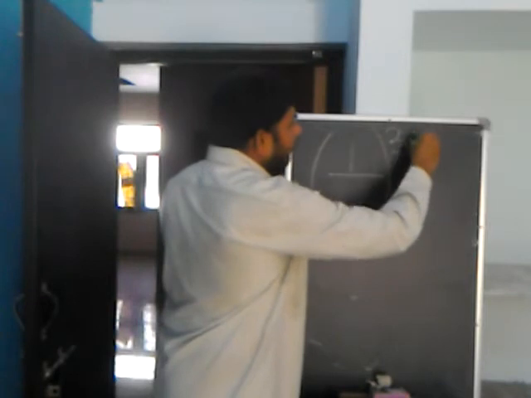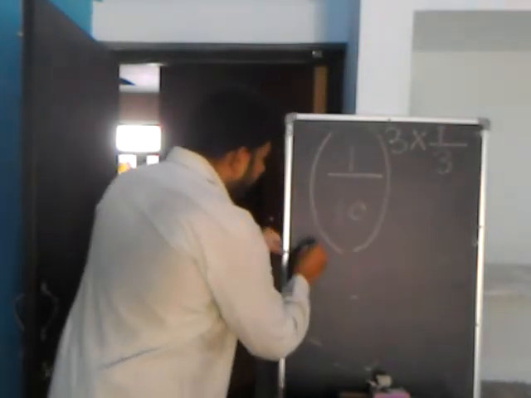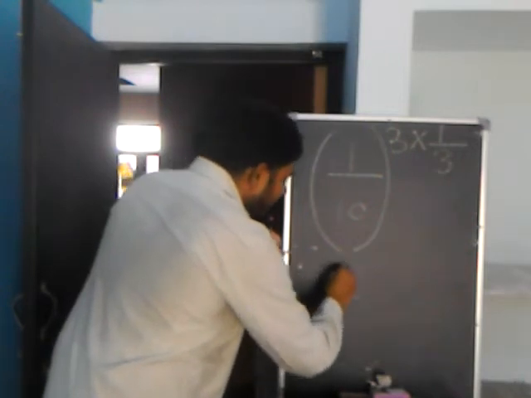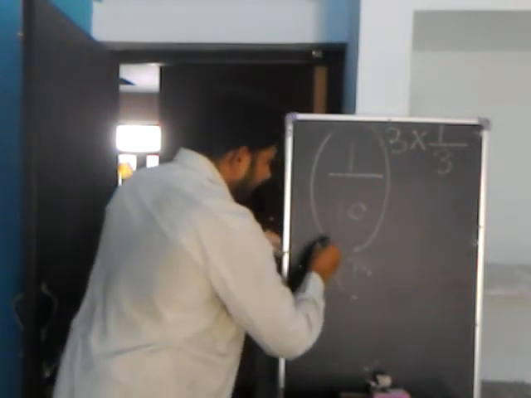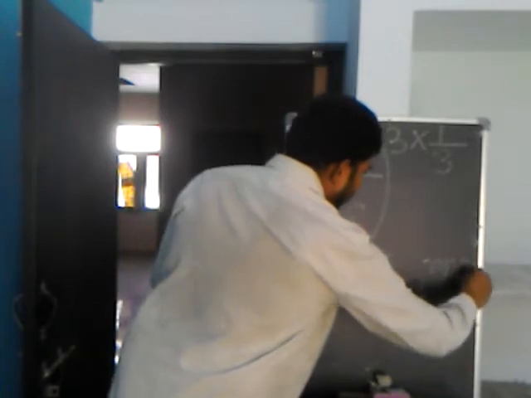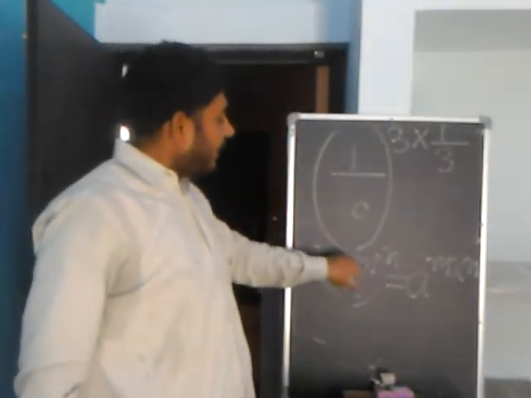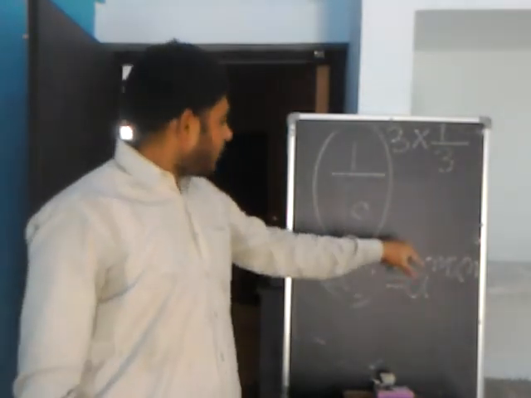Now it will become 1 by 3, and I will write the reason, because a raised to the power m raised to the power n is a raised to the power m into n, because a was having 2 powers, 1 inside of the bracket and 1 outside of the bracket.